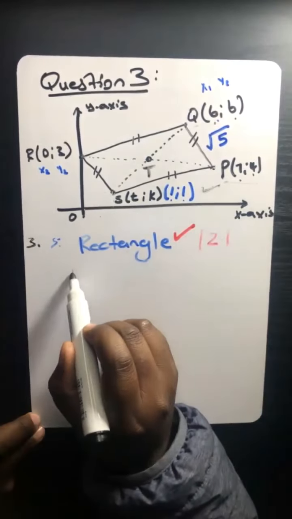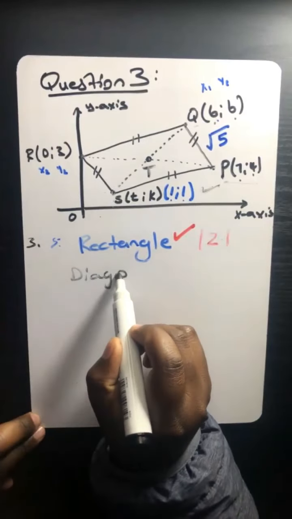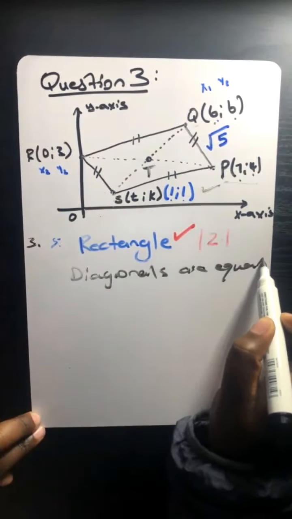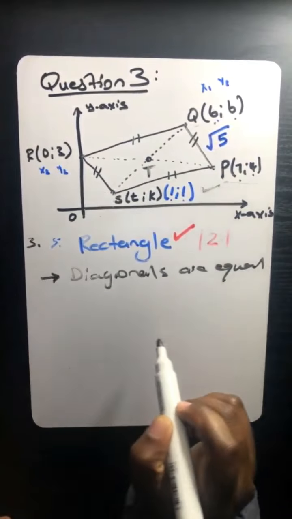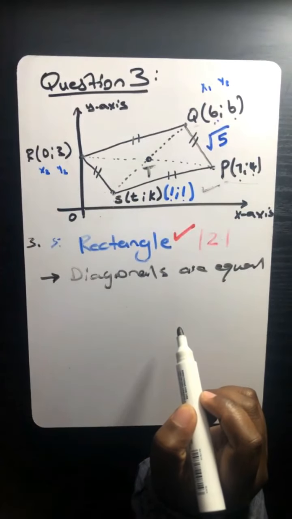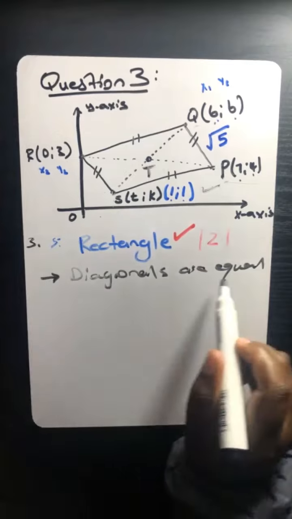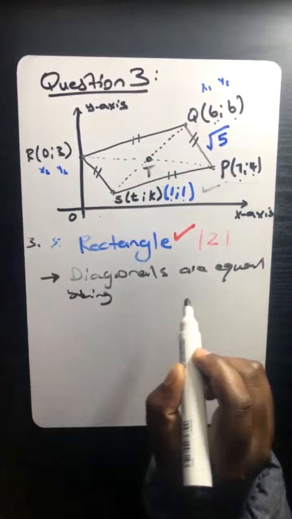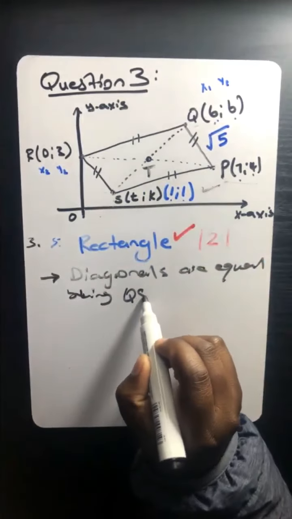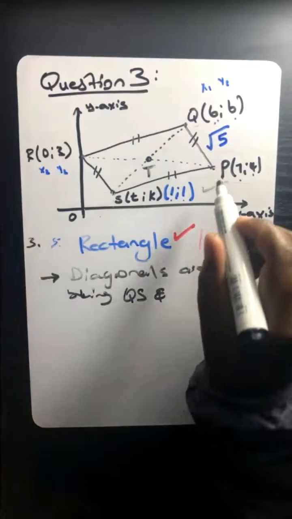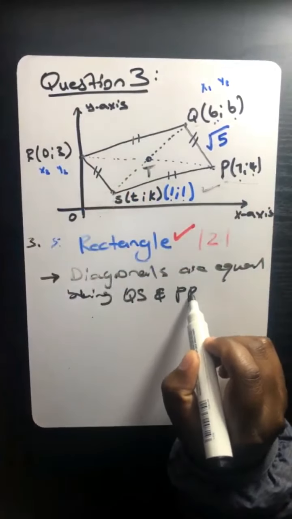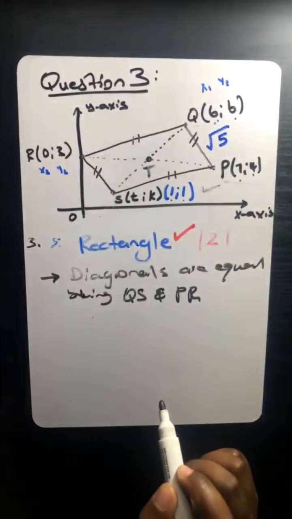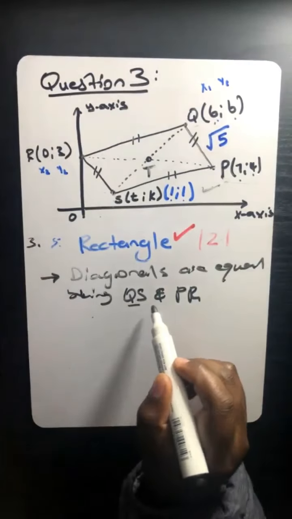So remember, guys, diagonals are equal. It's more like you are just stating the characteristics of a quadrilateral. What are those diagonals? Q and S, and again, P, R. So these are the diagonal lines, guys, which are equal in terms of length.